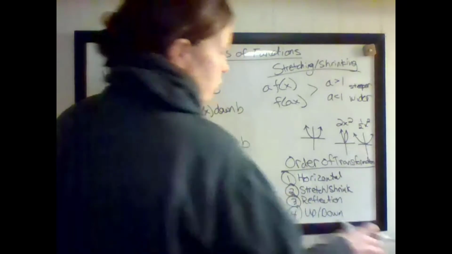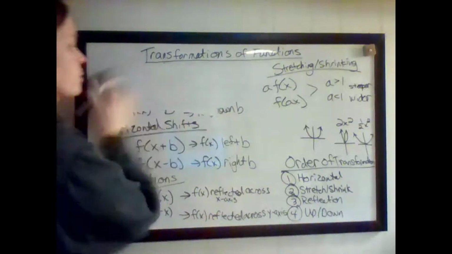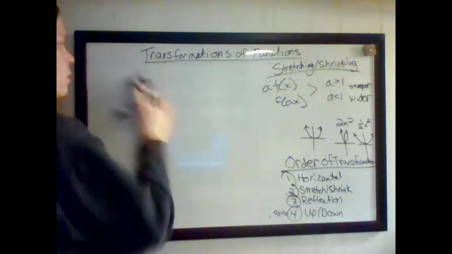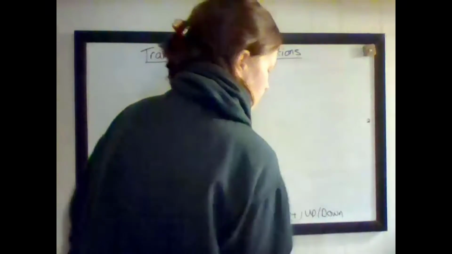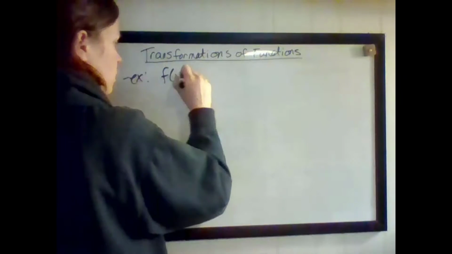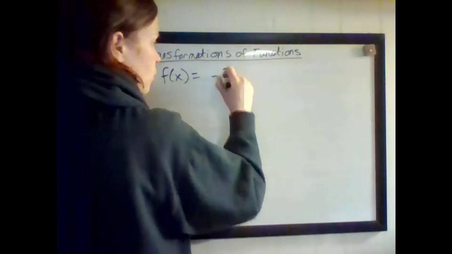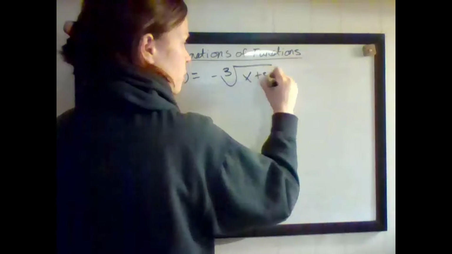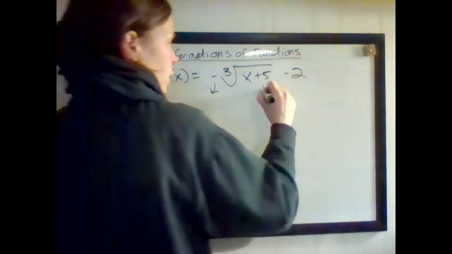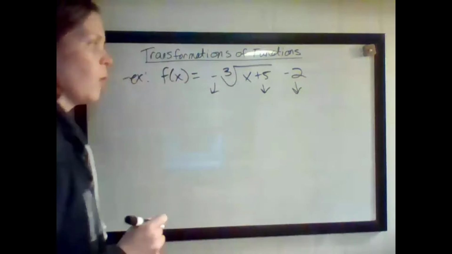Okay, so let's do one all together now. A bunch of these things happening. For our first one, let's do f of x equals negative cube root of x plus 5, minus 2. I know all the things going on and what they mean.